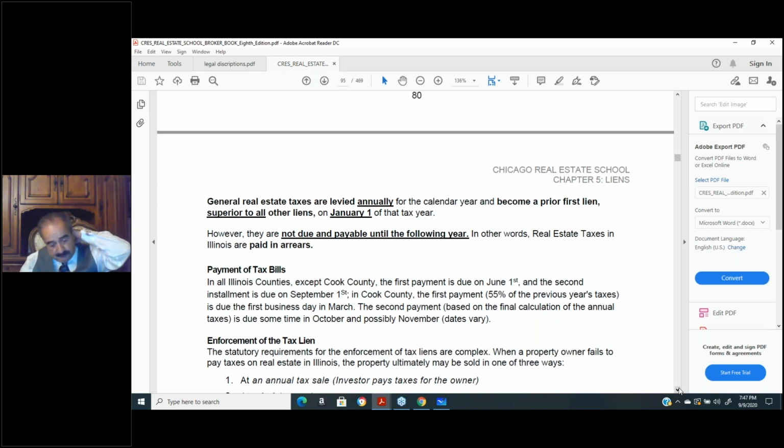Now, here's what you need to know. In the state of Illinois, we have 102 counties in the entire state of Illinois. Of the 102 counties, 101 counties, property taxes are due in 2 equal installments, one half by June 1st, the other half by September 1st of the following year.